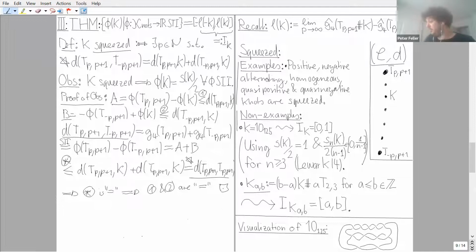And that's the end of the proof, because if you go up here, you just had this inequality. This now becomes an equality. Over here, I have a quantity that doesn't depend on my slice-torus invariant. And over here, I have an exact number, namely the 4-genus. So I have an expression for phi of K that doesn't depend on what slice-torus invariant I had.